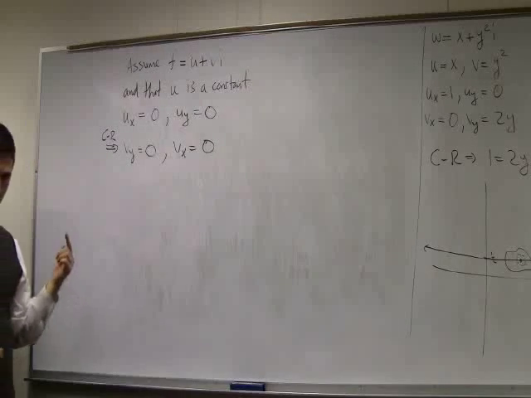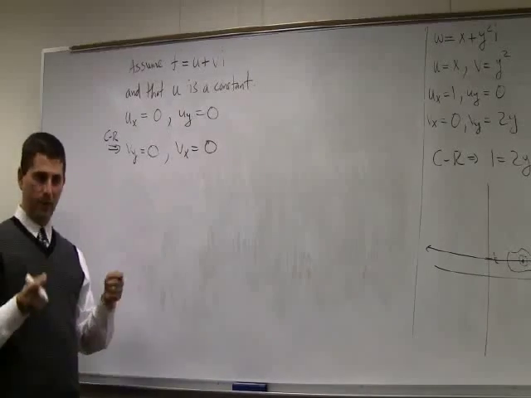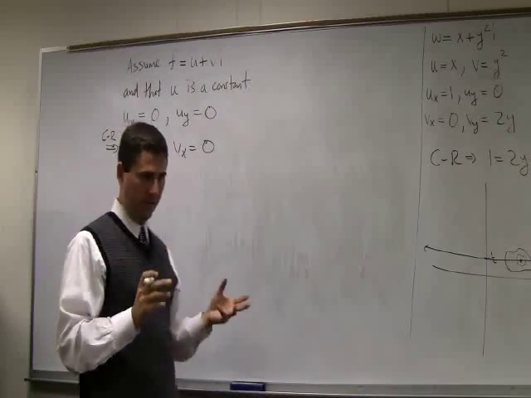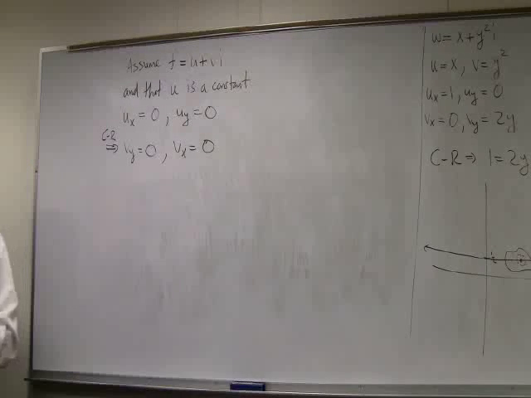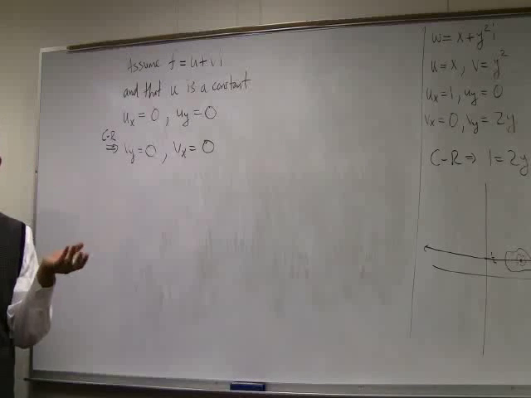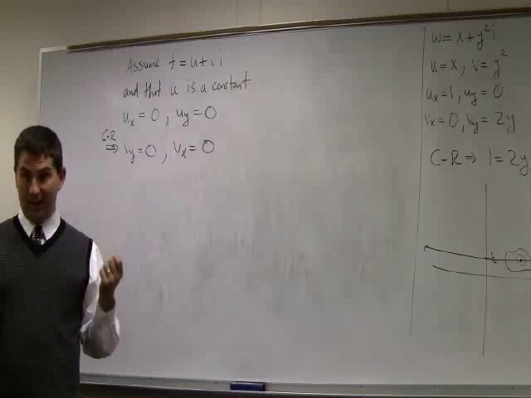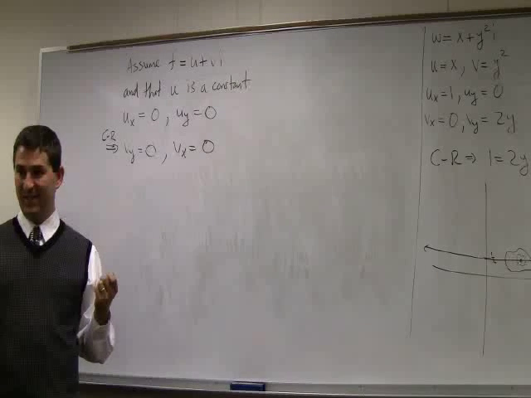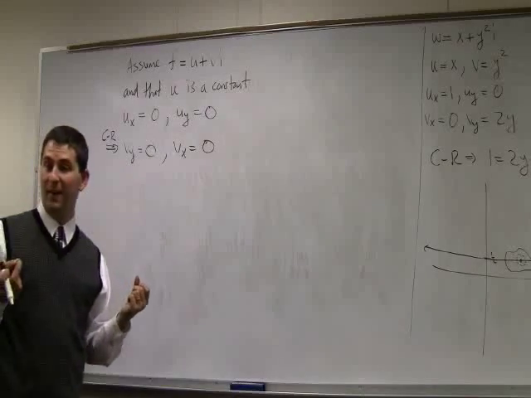So v is a function of x and y whose derivatives with respect to x and y are both 0. What kind of a function does v have to be? Constant. It's got to be a constant function, right? If you take a function of x and y and the derivative with respect to x is 0, there can't be any x's in there. And if you take it with respect to y and it's 0, there can't be any y's in there.